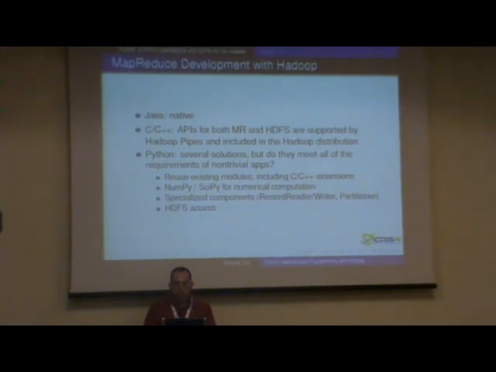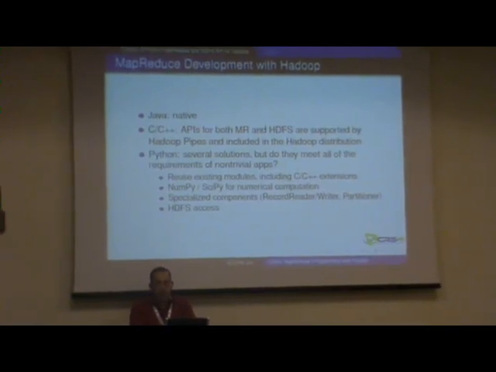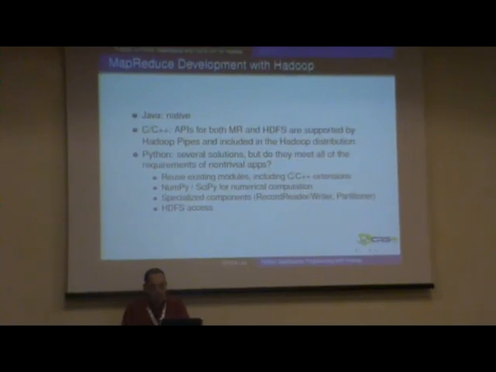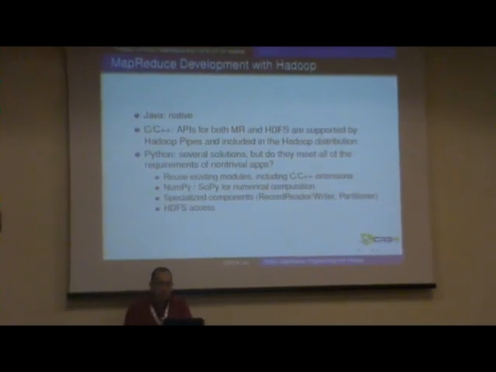So what are your options if you want to write a MapReduce application? If you want to write your programs in Java, that's going to be maybe the best solution, because it's the native API. It is full featured.